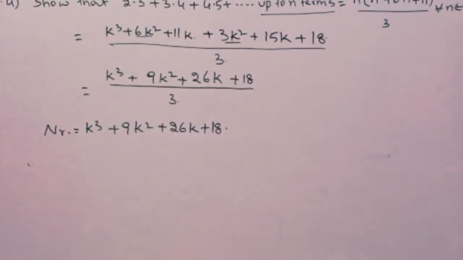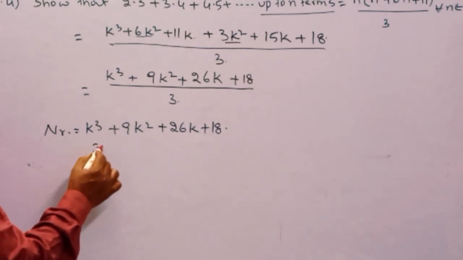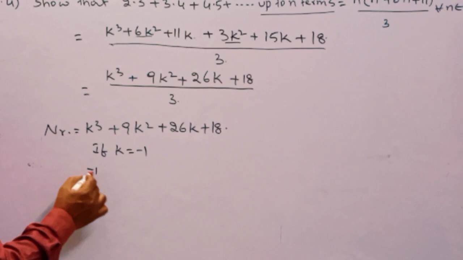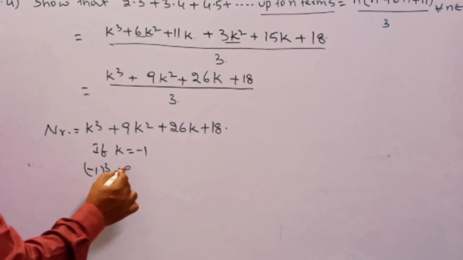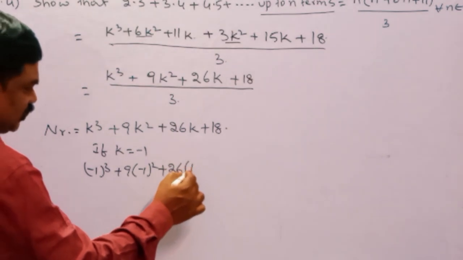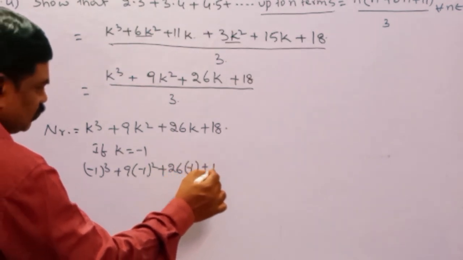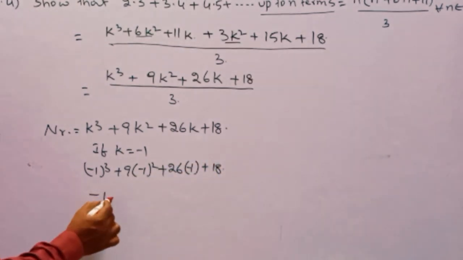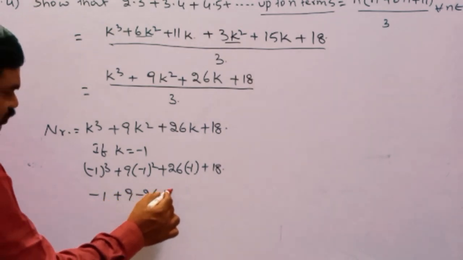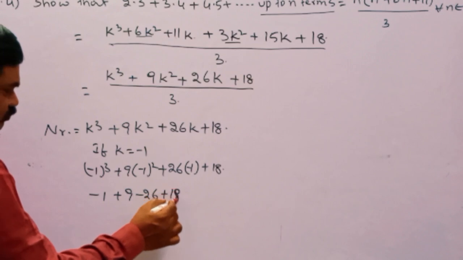So here if k is equal to minus 1, what is that? Minus 1 whole cube plus 9 into minus 1 whole square plus 26 into minus 1 plus 18. Minus 1 plus 9 minus 26 plus 18.